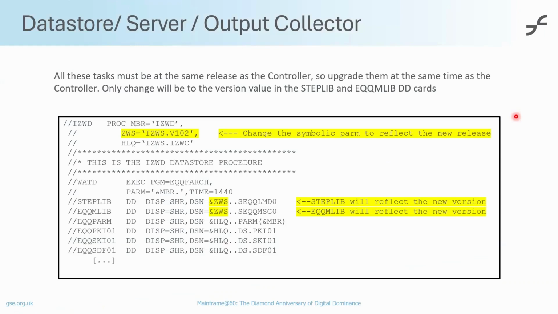So no change on the other datasets used by those started tasks. So once you perform the controller upgrade, you will have to restart the data store, server, and output collector running the new version again. And that concludes the section for the upgrades.